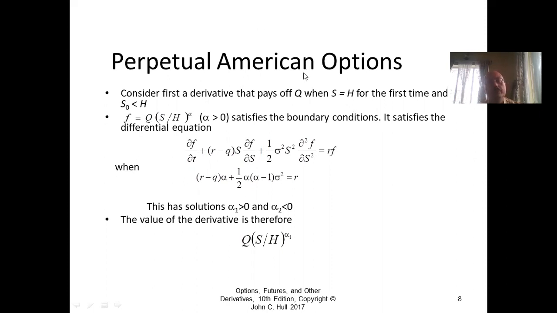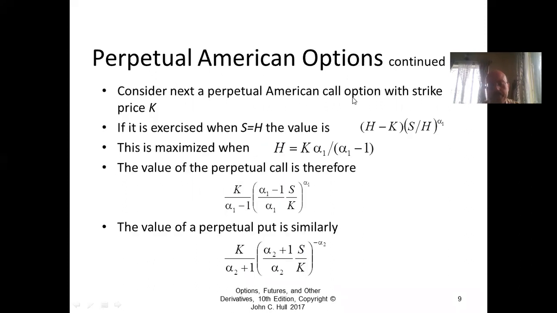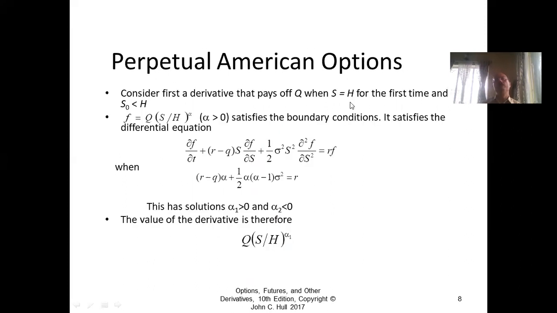So it's an American option, so you can exercise anytime you want, but the payment will be given by a quantity Q when the stock price hits a barrier H for the first time. So when the stock price hits the barrier for the first time, that's when you will get a payoff.